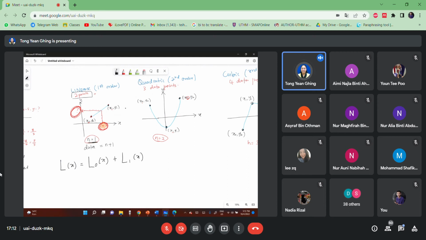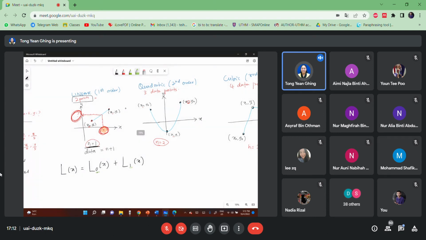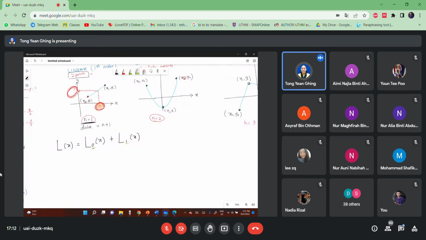Since now our n is 1, you start with 0 and then until 1. So L0, the first weighting function, will be x minus x1 over x0 minus x1.